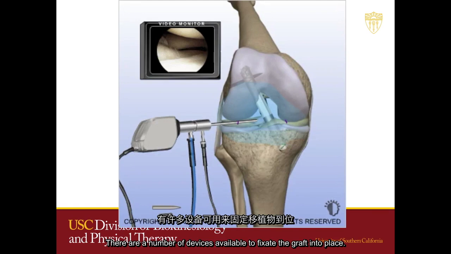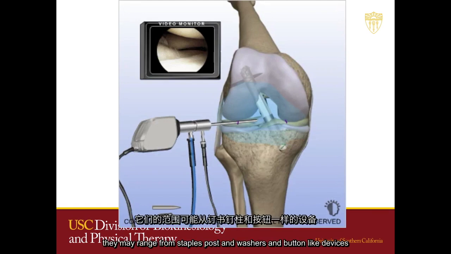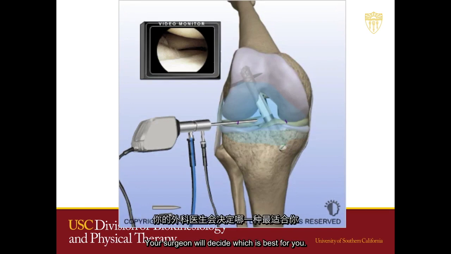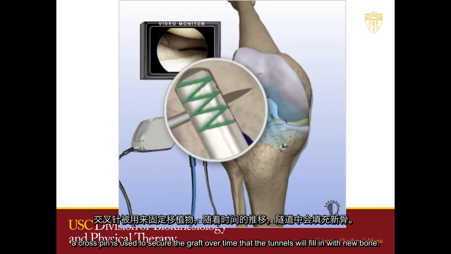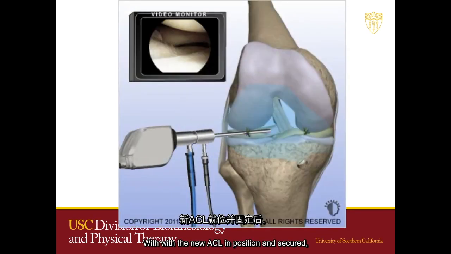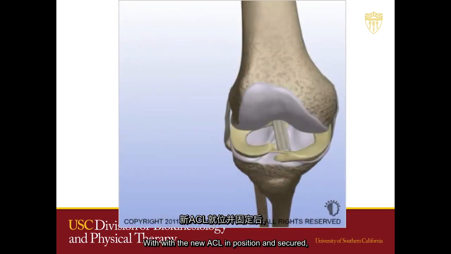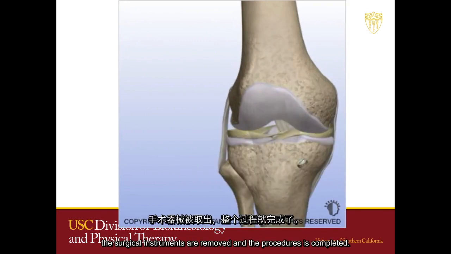There are a number of devices available to fixate the graft into place. They range from staples, post and washers, and button-like devices. Your surgeon will decide which is best for you. In this example, a cross pin is used to secure the graft. Over time, the tunnels will fill in with new bone. With the new ACL in position and secured, the surgical instruments are removed and the procedure is completed.